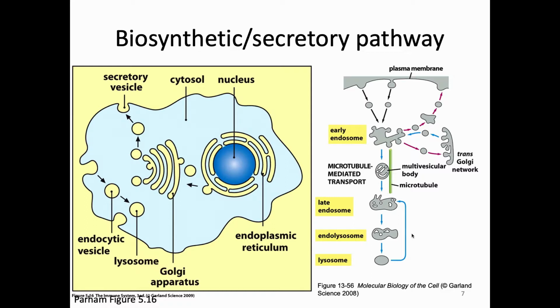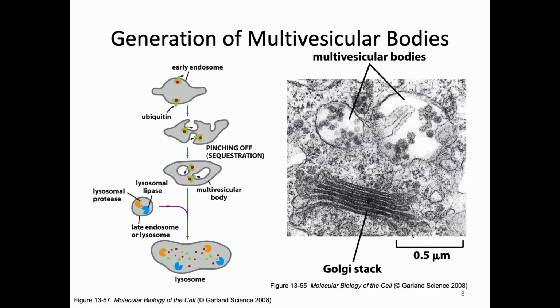There is one other type of compartment that is sometimes found in this set of related compartments, and it is known as a multivesicular body, or an MVB.